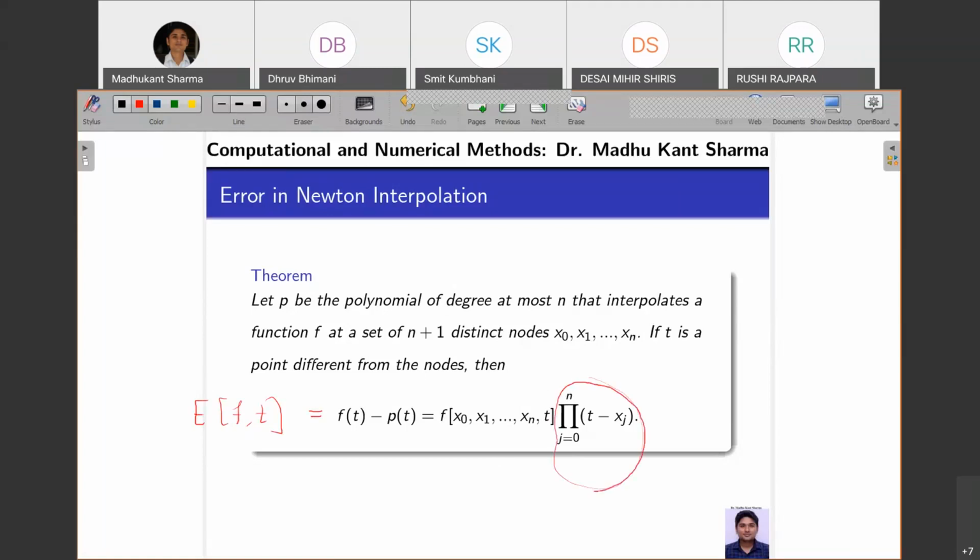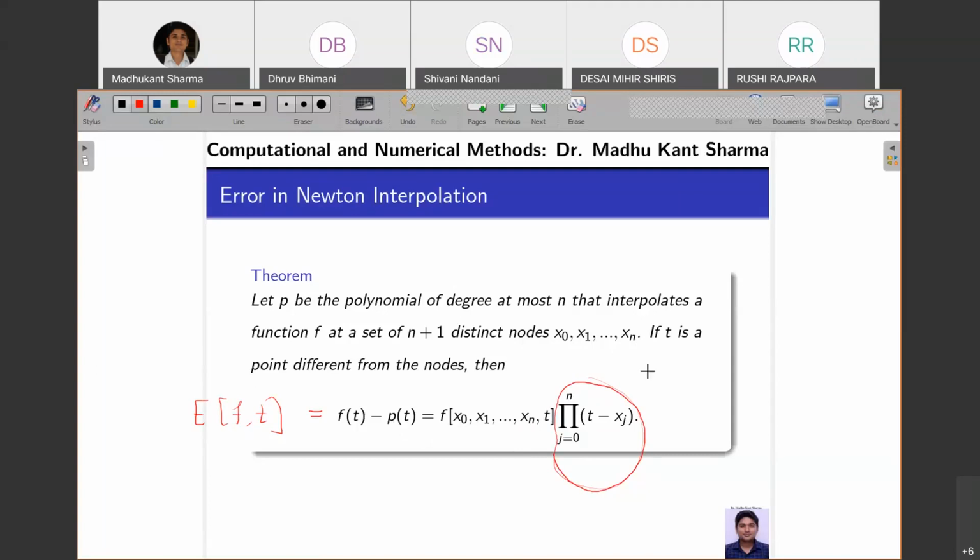And in the product, we have the n plus 1 derivative, if you have used these n plus 1 nodal points. Now, how to obtain this result?